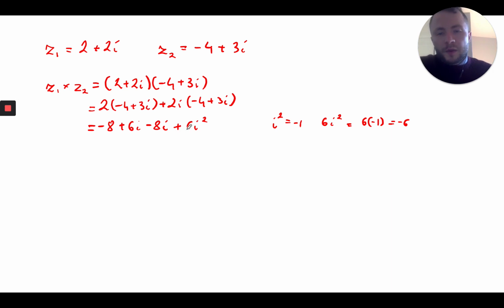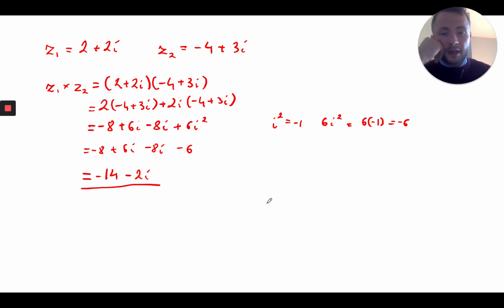So I replace plus 6i squared with minus 6, and that gives me minus 8 plus 6i minus 8i and minus 6. If I tidy it up, I get minus 14 from minus 8 minus 6, and minus 2i from 6i minus 8i. And that's the result of this multiplication.